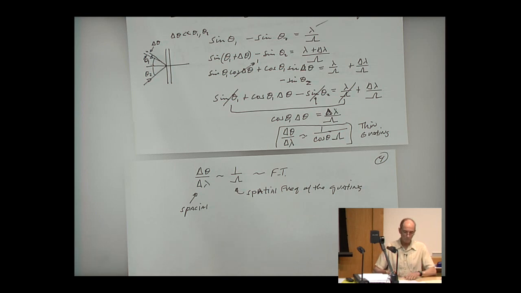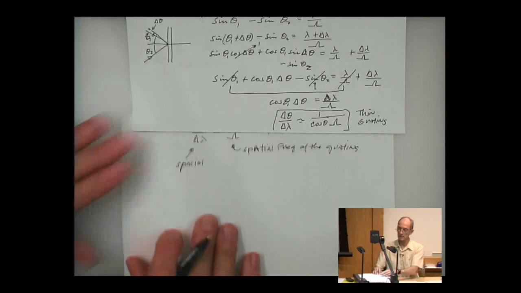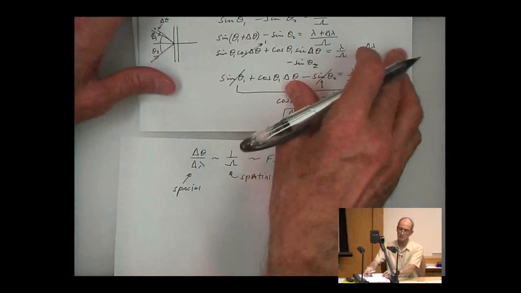Okay. So the dispersion relation that we have for the thin grating, the meaning of it and so forth, is going to be quite a bit different from the volume grating or the thick grating. We'll talk more about the thick grating later, but what I thought I would do now is give an example of this dispersion, which again is very useful.